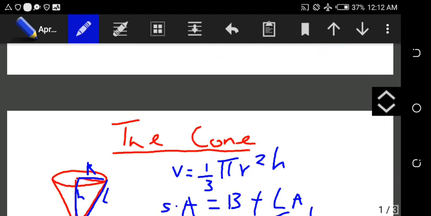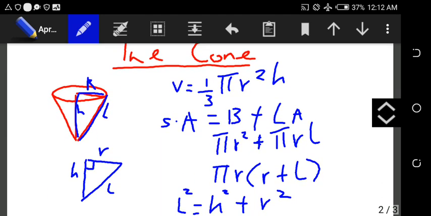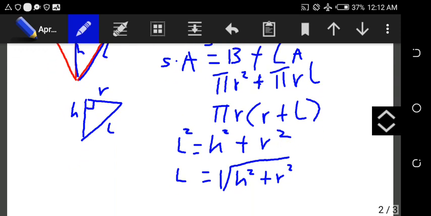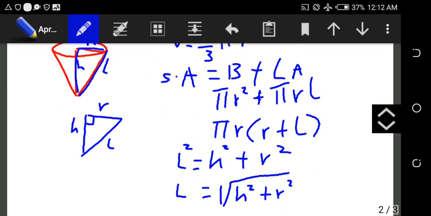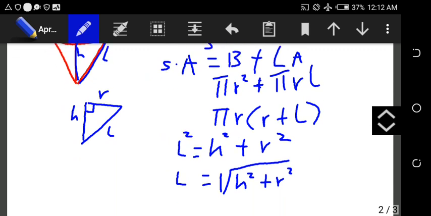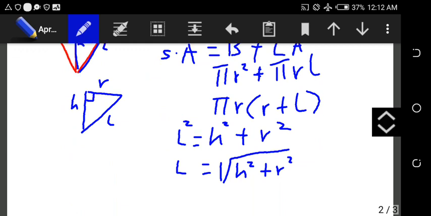Then we looked at the cone, and we saw that the volume of the cone is given by 1/3 pi r squared h, while the surface area is given by pi r squared plus pi rl, and the slant height L can also be evaluated using the formula that we have here, square root of h squared plus r squared.